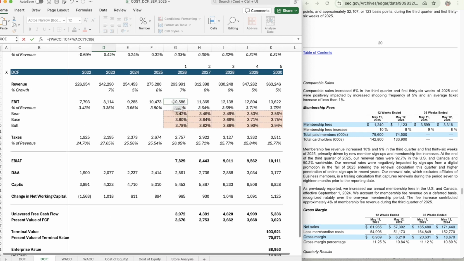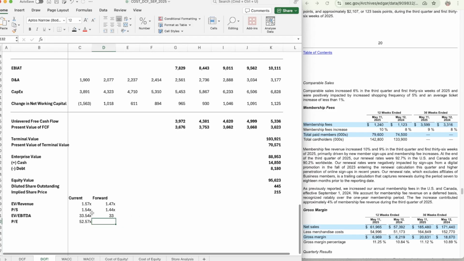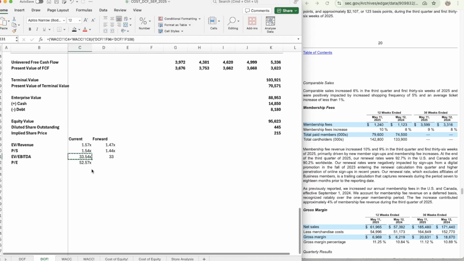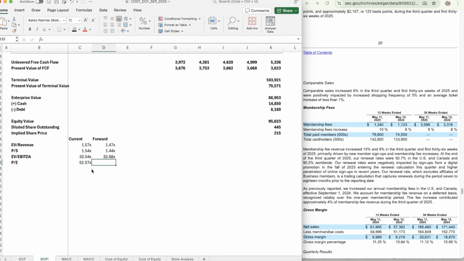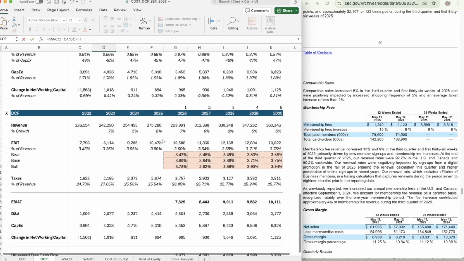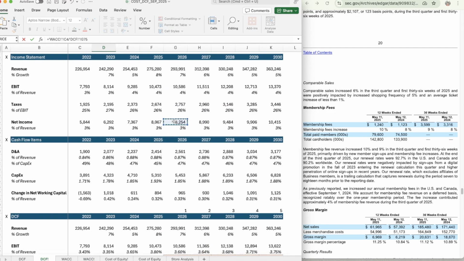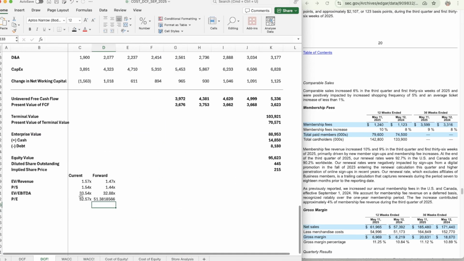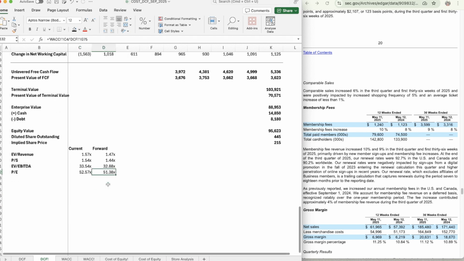And if we want, at some point we can play around with the switches to get the different values, and it will update these dynamically as well. WACC divided by, where's net income? Sorry, there we go. Yeah.